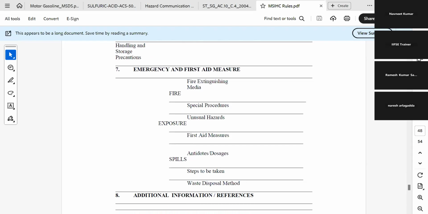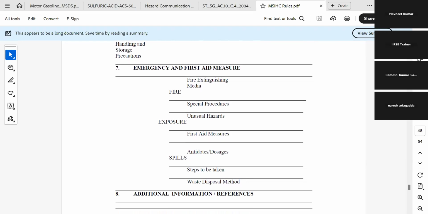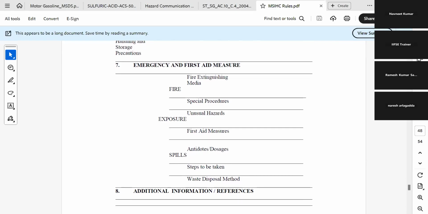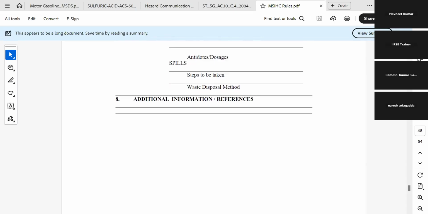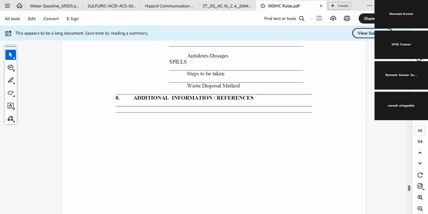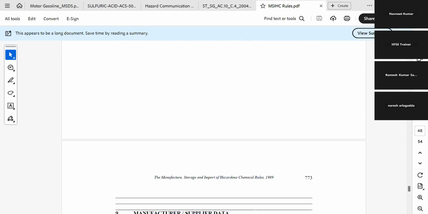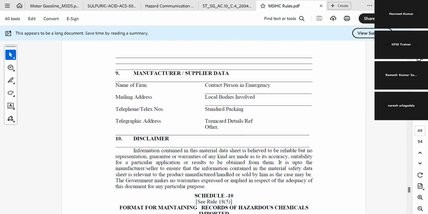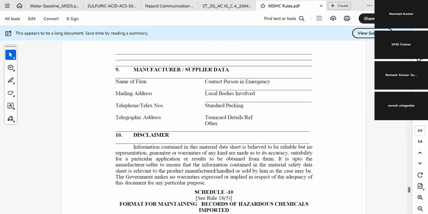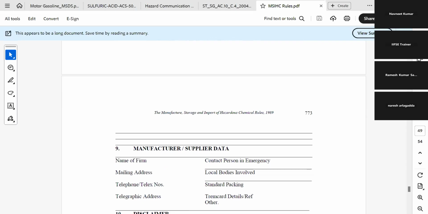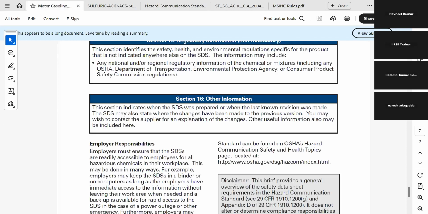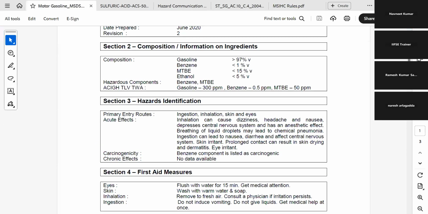But in OSHA and UN nations, they have covered fire and safety measures and exposure measures and also emergency handling measures, and additional information or references, manufacturer supplier data, disclaimer. So this is our format. Moreover, most of the industries or most of the chemicals will carry the 16 sections MSDS.